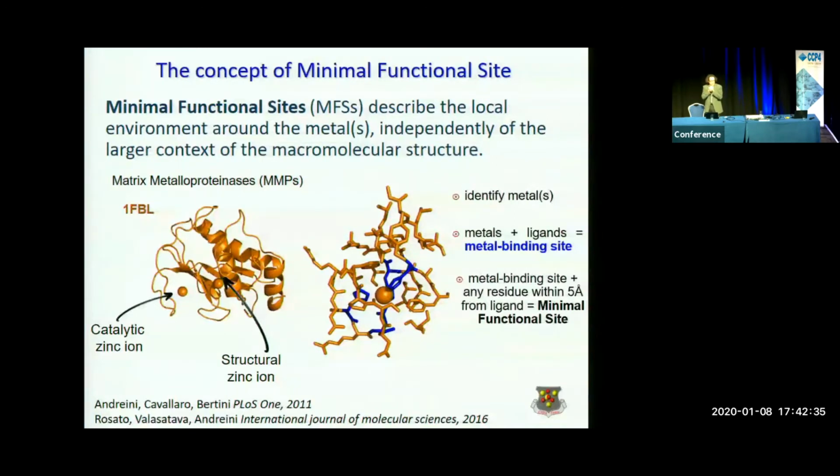So we expand from a minimal binding site, which is just the metal and the surrounding amino acids that have a coordination bond to the metal, to this minimal functional site, which is roughly a sphere centered on the metal, except it's not really spherical by construction.